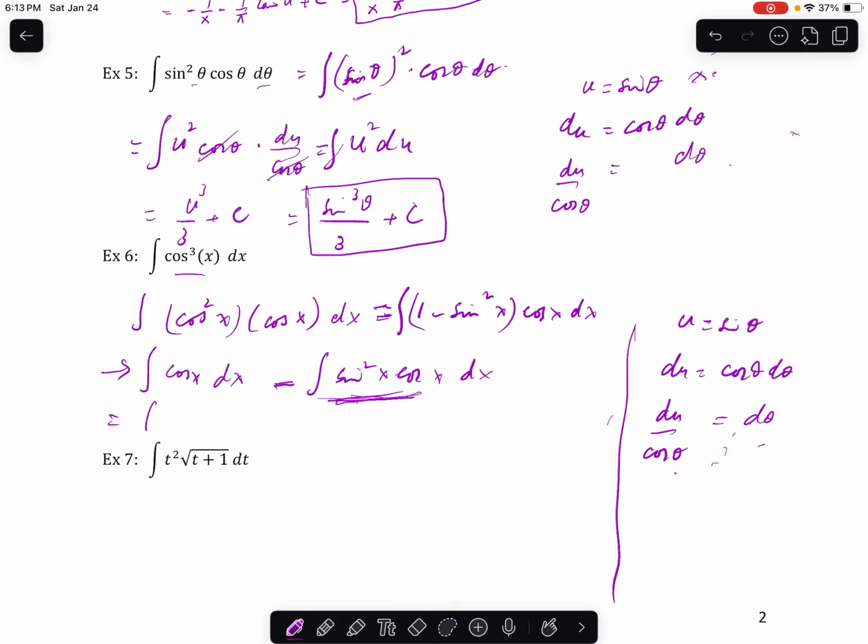So we have integral of cosine x. Let me just take the antiderivative. The derivative of sine is cosine, so the antiderivative of cosine is sine.